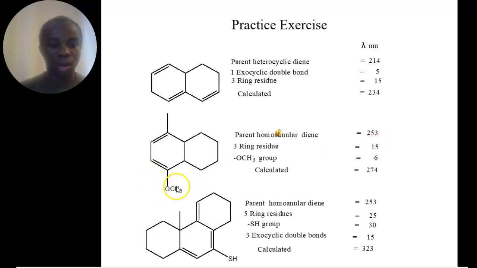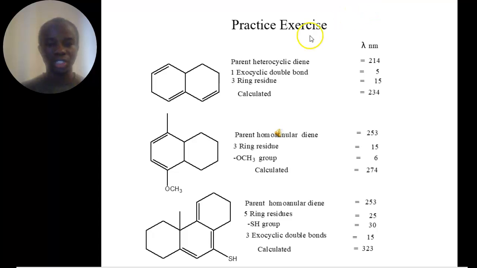And there is also an alkoxy here, which is also directly attached to the conjugation system. For that you add 6. Since there are no other additions in this case, you add them together, and then you get 274.